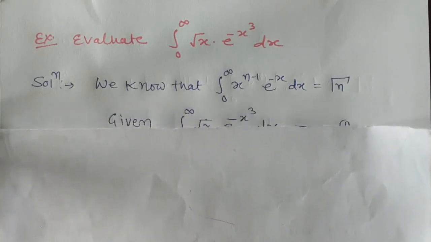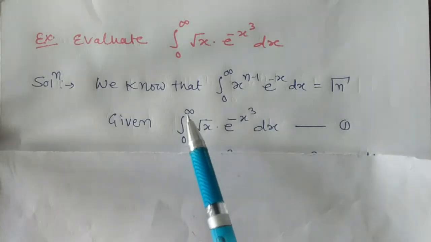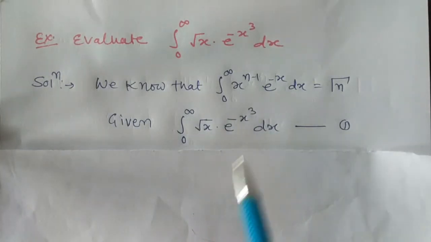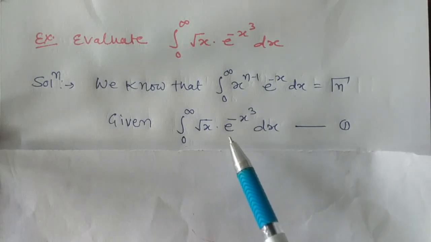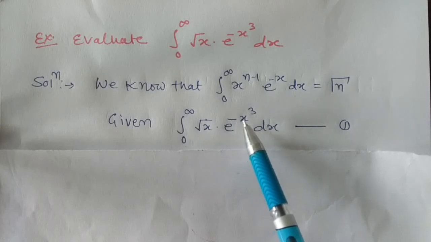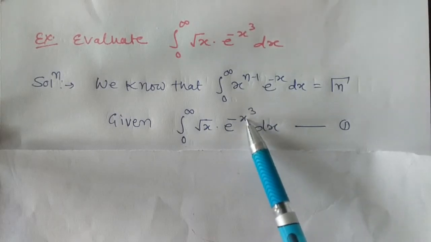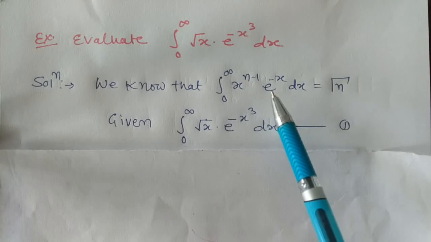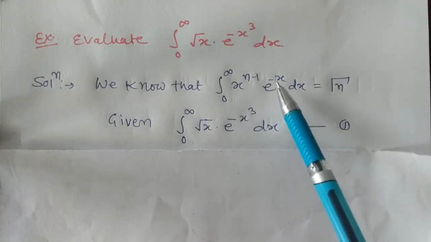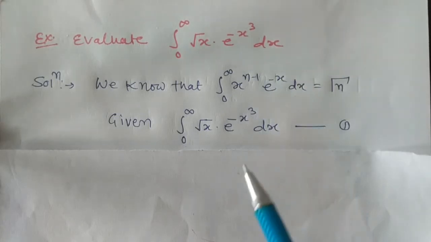In the given integral, the power of the exponential term contains the variable cubed, but in the standard definition of the gamma function the exponential term contains the negative variable to the power 1 only.